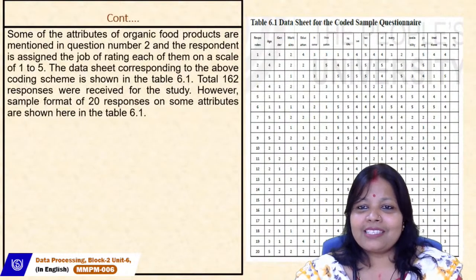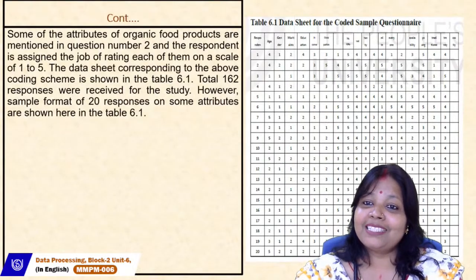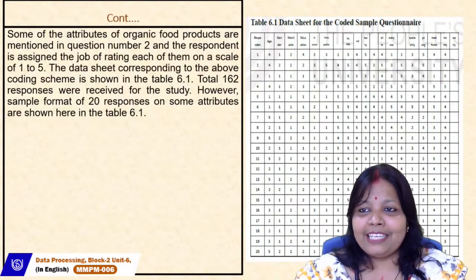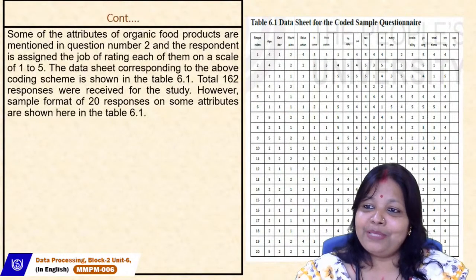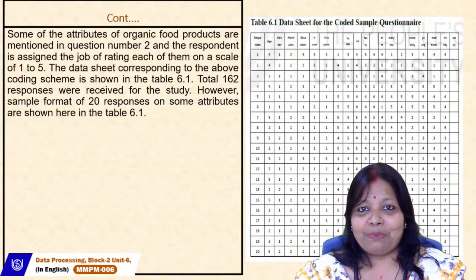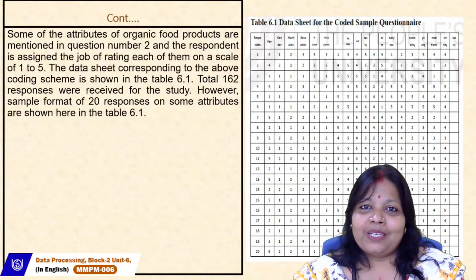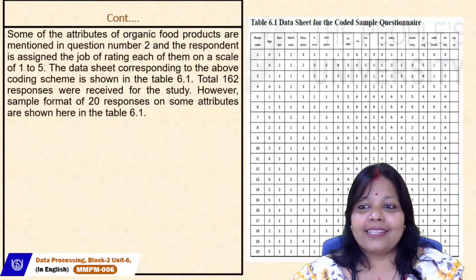Here no questions are there, no responses are there, but if we look at this table through the eyes of an analyzer or an investigator or a researcher, every response is there. But how is it? Now it is in the form of a code. An analyzer or coding editor can understand what is written there.